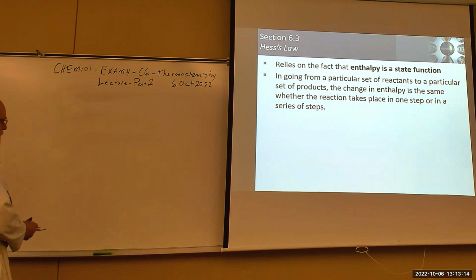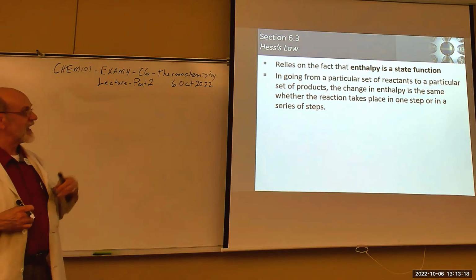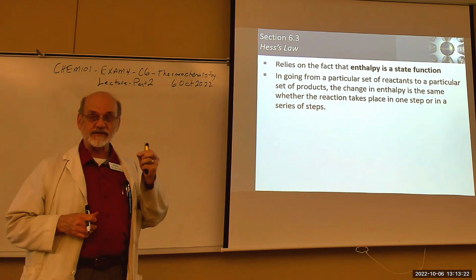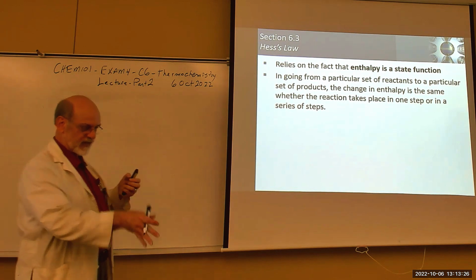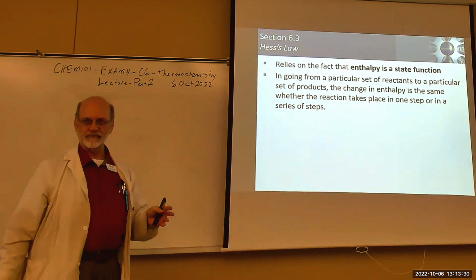Okay, now, this goes back to Hess's law. This goes back to the fact that enthalpy is a state function. In other words, it just depends on your beginning state and your end state; the path in between doesn't matter.